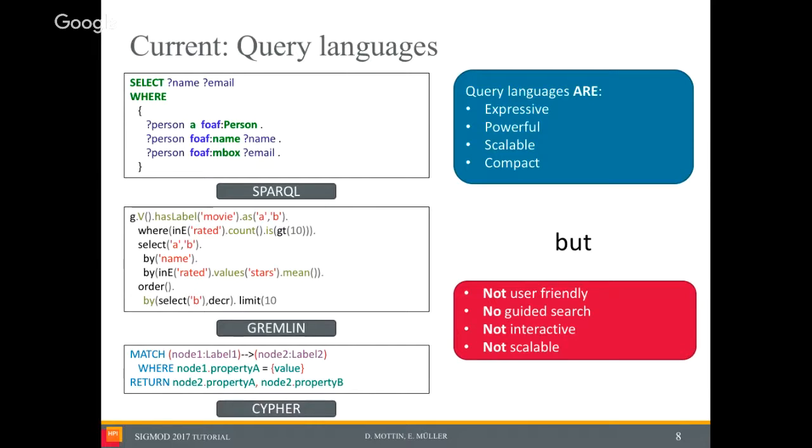Any normal user using this kind of query is basically lost. There is no interactivity, no guidance. All the graph query databases are designed maybe for performance reasons, but they're very cumbersome to use.